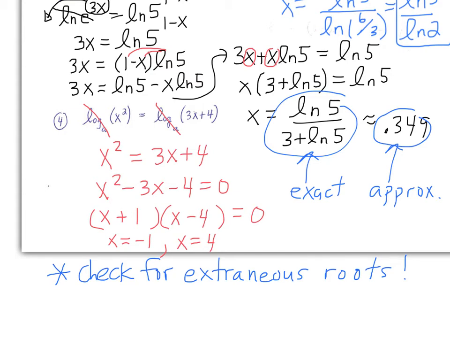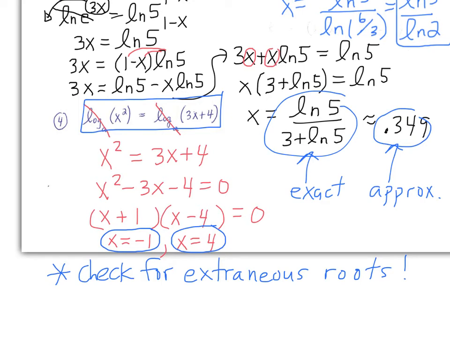So what you have to do is go back to your original equation where you have logs in it. Recall that we cannot take the log of a negative number, nor can we take the log of 0. So we need to plug in -1 and then +4 and make sure we're not getting 0 or a negative value that we're taking the log of.